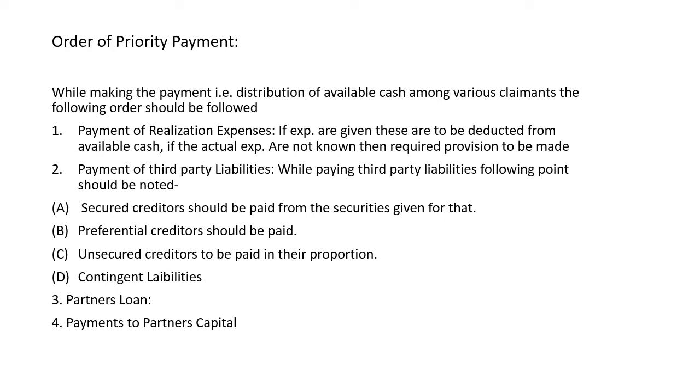Such creditors are required to be paid from the amount realized from that security. If the payment of the secured creditor is made in full from the amount realized from that asset, then no question arises. But if the amount is less than the required amount, then the remaining amount is treated as unsecured creditor, and this amount is paid as and when the unsecured creditors are due for payment.